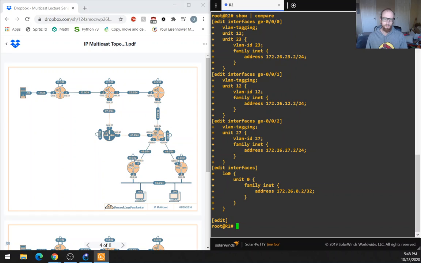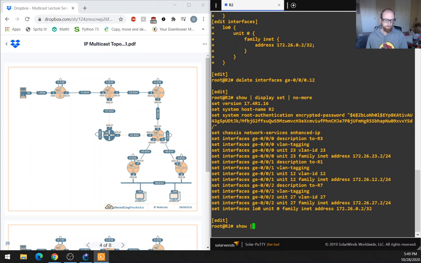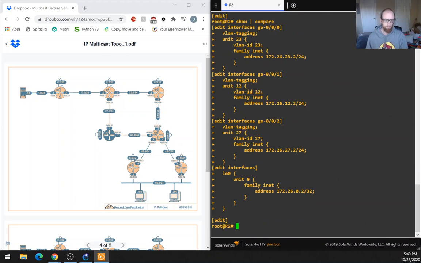It looks like we've got an extra unit 12 on here, so let's delete that. Okay, yeah, everything looks good to me.